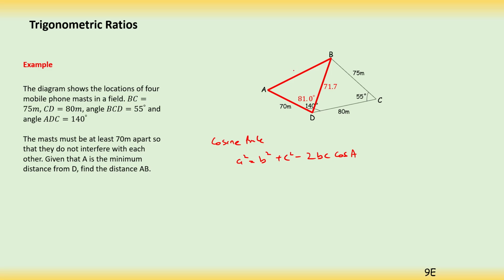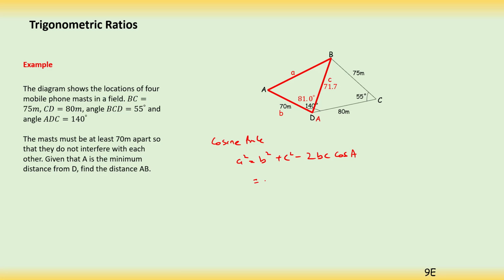I'm trying to find this side AB, so let's call that a. That's angle A, which is opposite it. And call that b, and call that c. So we can now substitute for b, c, and cos A.